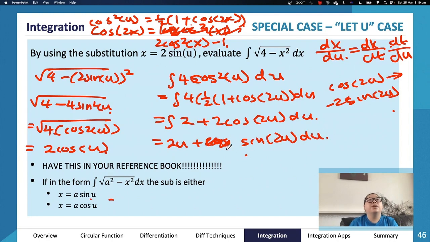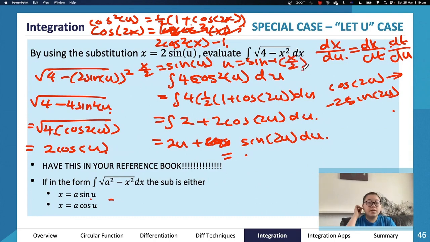Alright, cool. So now we have to substitute the x back in. Our x over 2 equals sine u, so our u would have equaled sine inverse of x over 2, right?